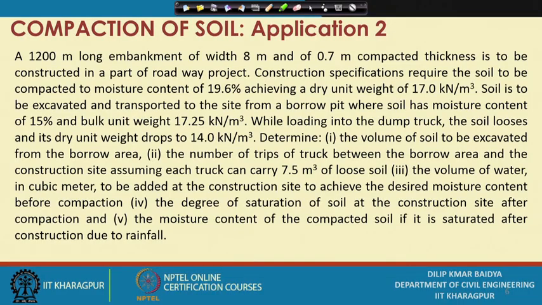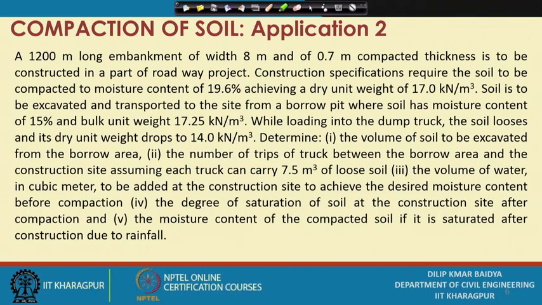While loading into the dump truck, the soil loosens and its dry unit weight drops to 14. So, when you excavate from the site, obviously the soil will be loosened, and more volume will be occupied in the truck. During that time it is approximated that we get 14 kilonewton per meter cube dry unit weight.